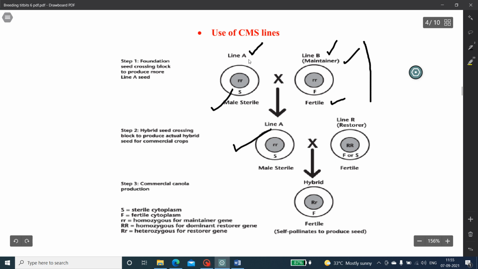And if you cross A and B lines you get only the male sterile line, and that has to be crossed with the restorer line, that is nothing but the fertile line. It restores the fertility of the A line, and if you cross A and R lines you get the F1 hybrid. And this is the mechanism of hybrid development using cytoplasmic male sterility.